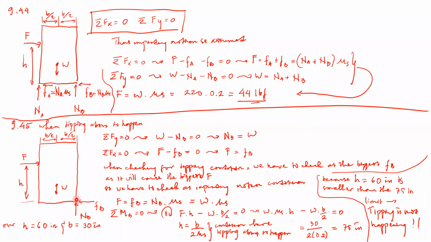You draw the free body diagram, then you solve for the force which causes impending motion. Then using the value of the force which causes the impending motion condition, you check again whether this particular force will cause tipping or not using sigma moment.